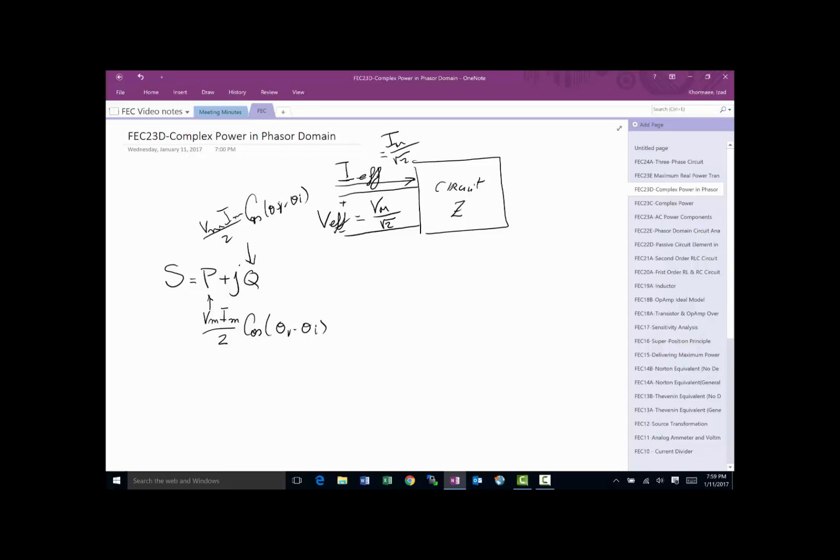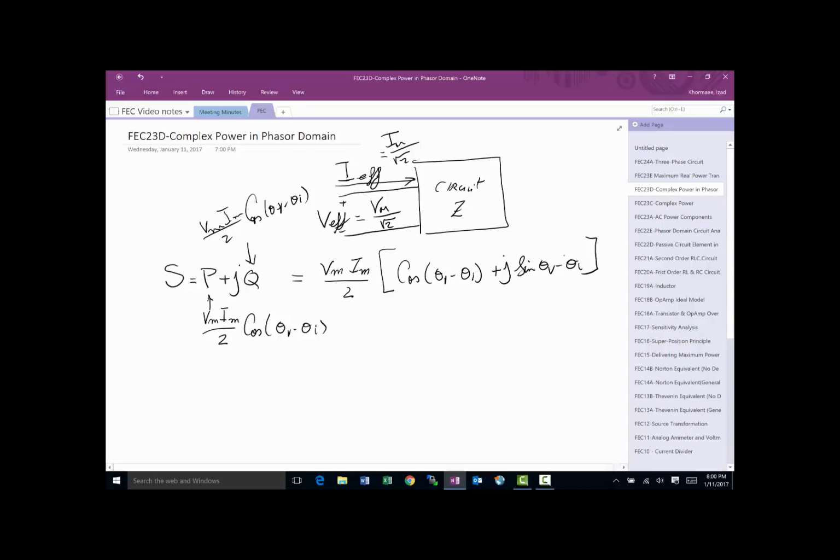Now, if we take this, we can expand it out and factor Vm Im divided by 2 out, and what we are left with is cosine of theta v minus theta i plus j sine of theta v minus theta i.